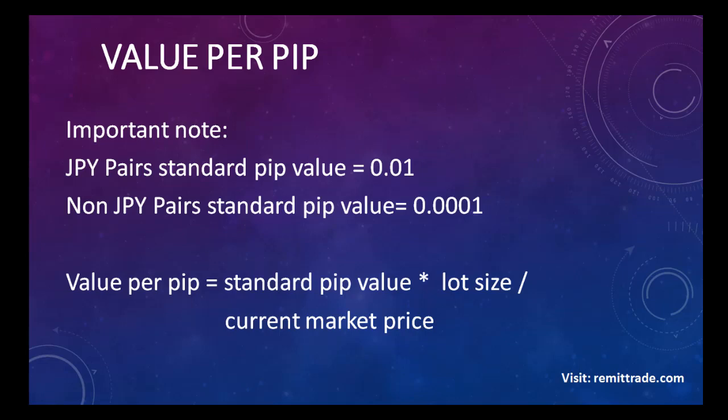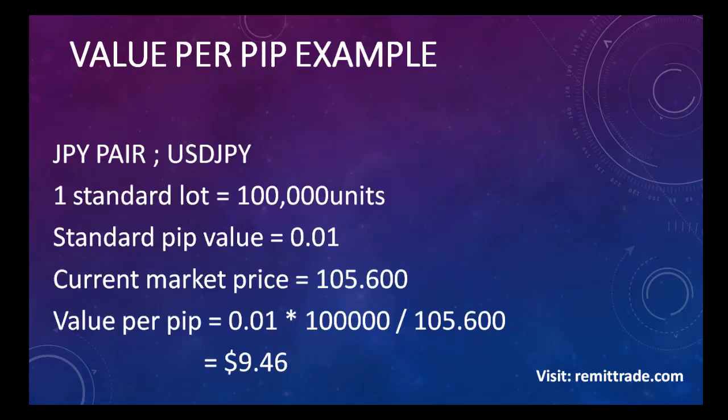It also enables you to know if the broker is playing some fishy game, because if you can actually define your value per PIP, you know what your profit is and what your risks will be as well. All right, so let's get into an example and see how to calculate this with different currency pairs. Value per PIP calculation for non-JPY pairs will come after this.